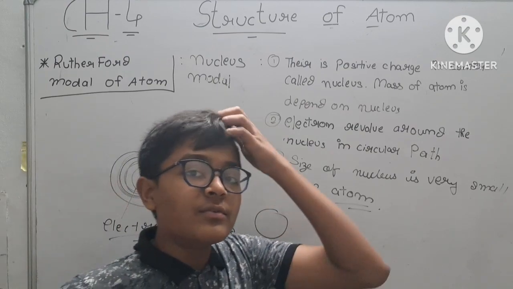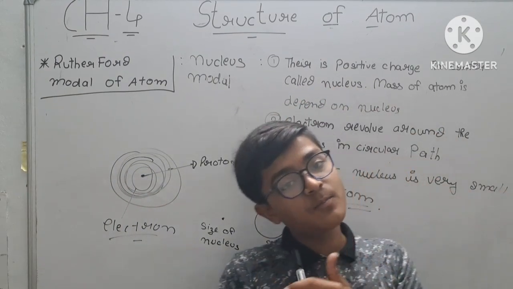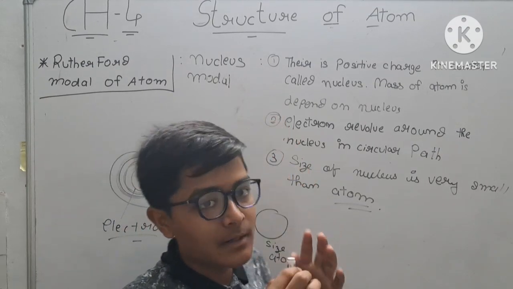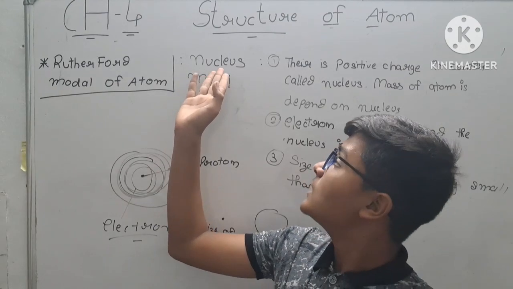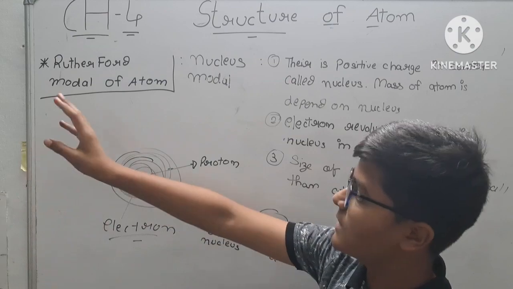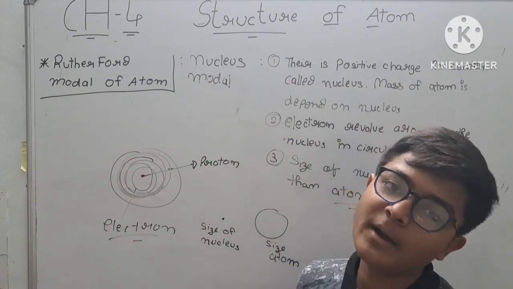So the size of the nucleus is very small in comparison to the atom. So here the conclusion is made: the nucleus model given by Rutherford. There is one drawback also.